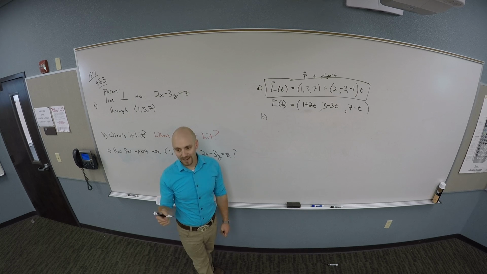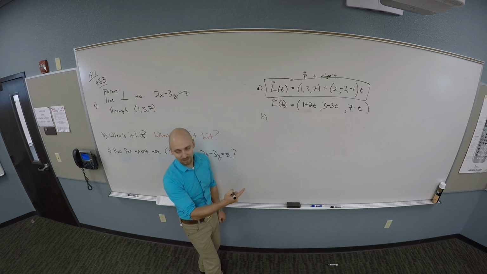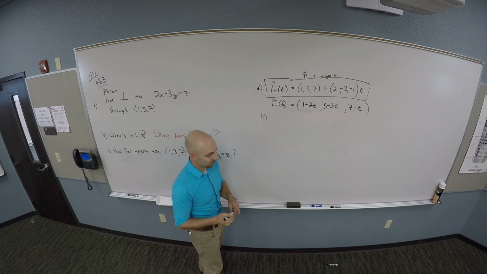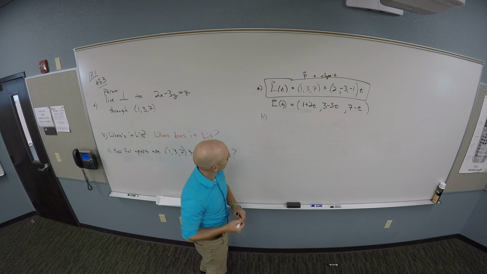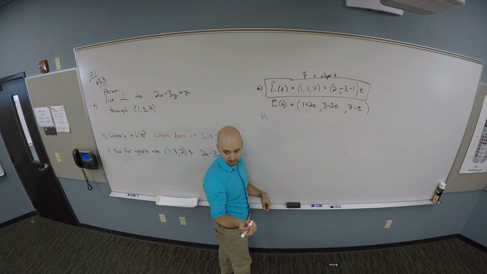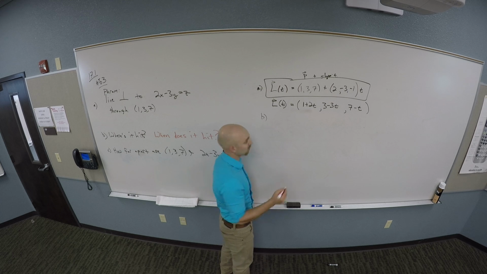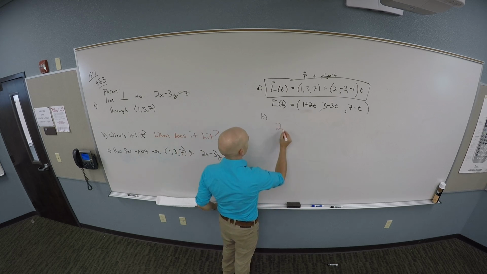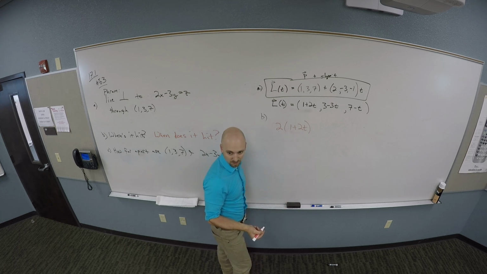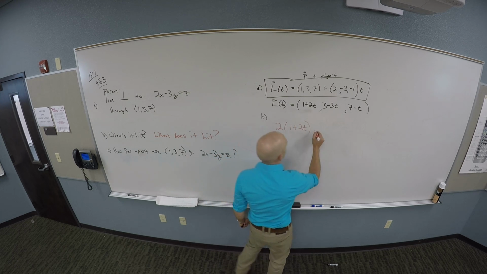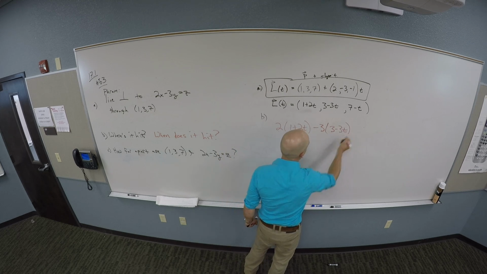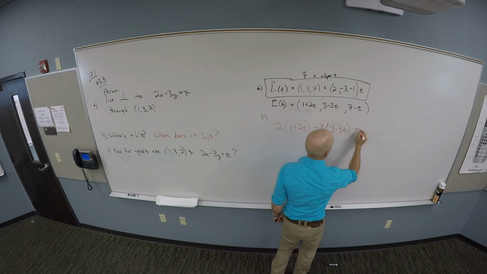If I want to know when it hits, I take that stuff and plug it into the plane equation and solve for t. So what am I supposed to do with the x? Plug in 1 plus 2t. So I've got 2 times (1 plus 2t), minus 3 times (3 minus 3t), equals 7 minus t.